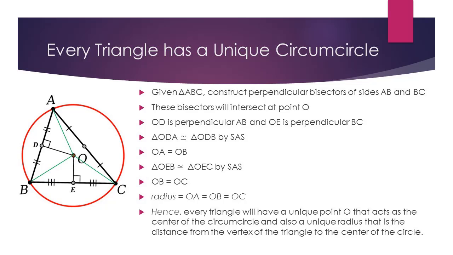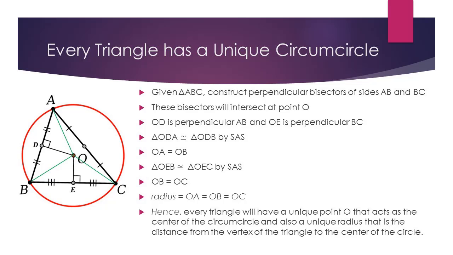So we know that OD is perpendicular to AB, and OE is perpendicular to BC, since this is the definition of a perpendicular bisector. Furthermore, we can start comparing the triangles ODA and ODB on the top left part of the figure.